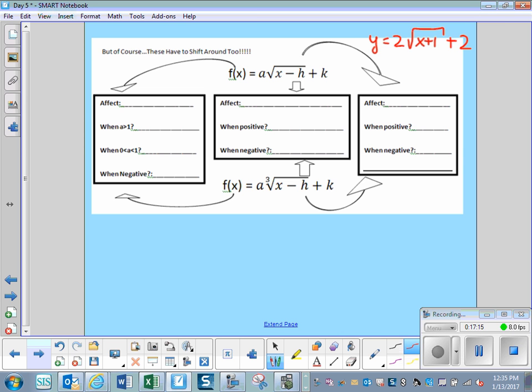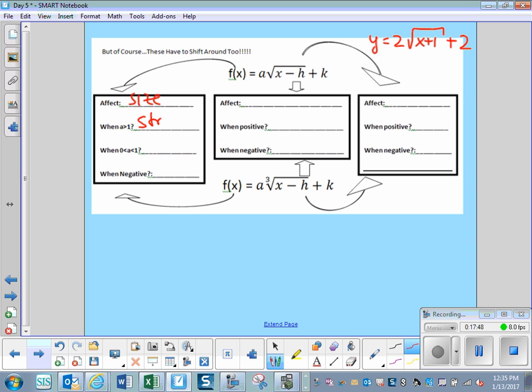Okay. So how does my parent function change after I add that a in front? What does this a affect? Everything. What does this 2 mean here? We are multiplying by 2. Right. So what did we say it is when we talked about transformation, stretch and compress, right? So this number a affects the size of the function. So it's either stretch, compress or reflect. When a is greater than 1, we say the transformation is called what?